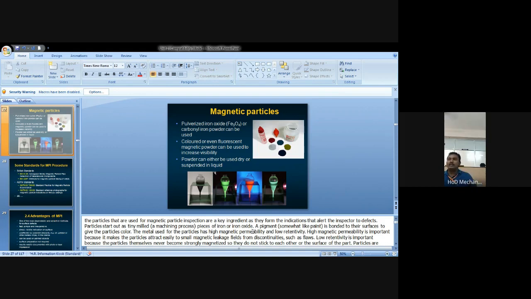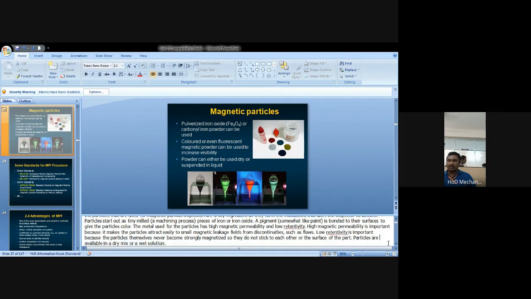The high magnetic permeability is important because it makes the particles attract easily to the small magnetic leakage fields from discontinuities, such as flaws. Low retentivity is important because the particles themselves never become strongly magnetized, so they do not stick to each other or to the surface of the part.